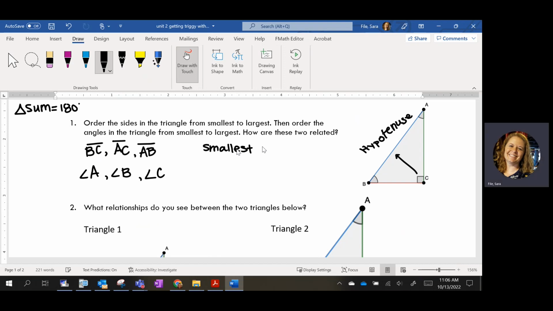So the smallest angle is opposite or across from the shortest side.